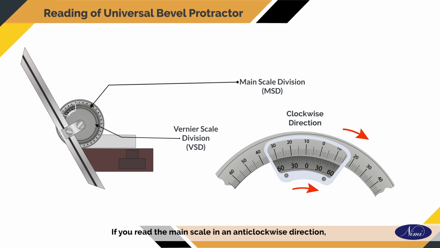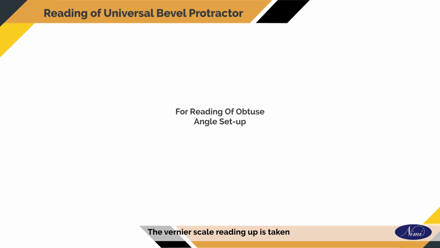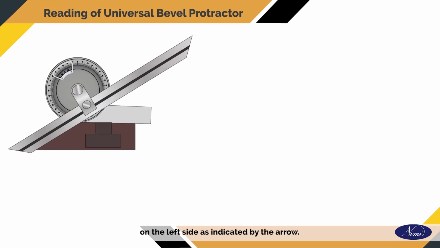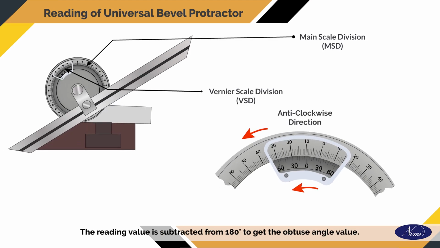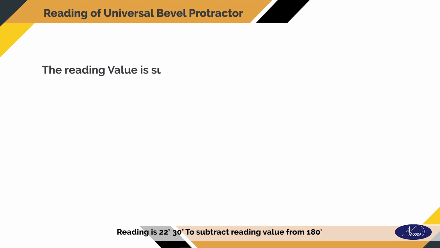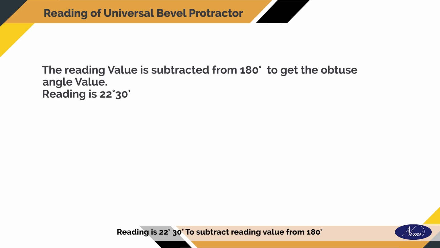If you read the main scale in an anti-clockwise direction, read the vernier scale also in an anti-clockwise direction from 0. The vernier scale reading is taken on the left side as indicated by the arrow. The reading value is subtracted from 180 degrees to get the obtuse angle value. Reading is 22 degrees 30 minutes.